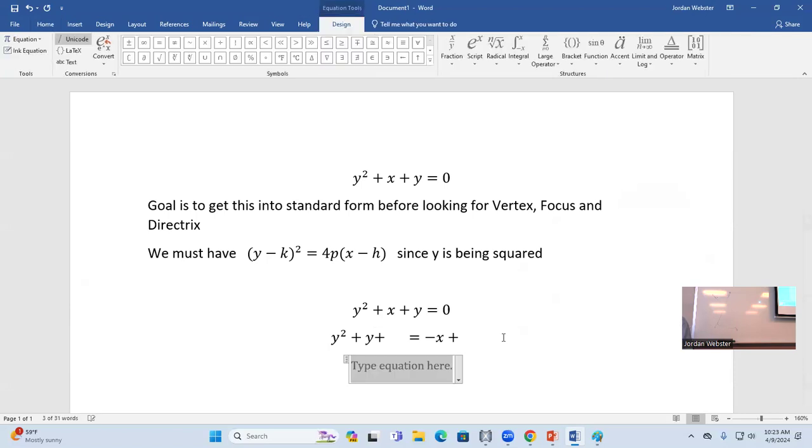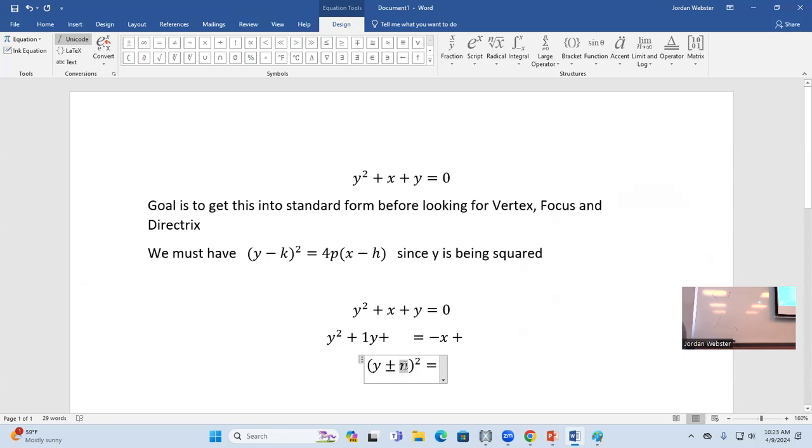Hopefully you remember how to complete the square. We want something squared. First off, the coefficient of my x squared term, or in this case my y squared term, is a 1. That's what I need to have. If it's not that, then I divide everything by that coefficient to get a coefficient of 1. So I know it's going to be y plus or minus some number, we'll call this number n for right now, squared is equal to something.